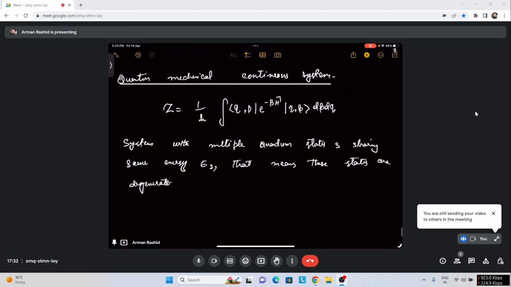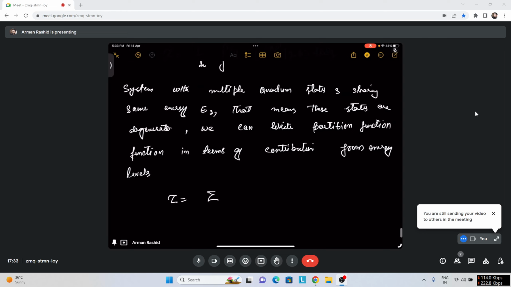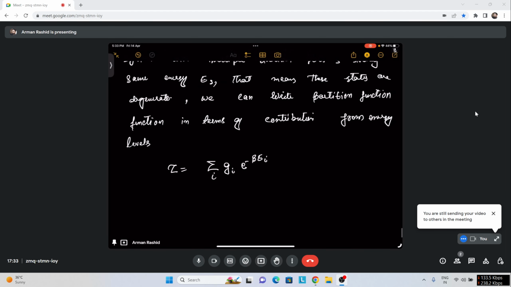So when we have degenerate levels, we can write the partition function as Z equal to summation over i gi e raised to power minus beta Ei, where gi is the degeneracy factor, or the number of quantum states with the same energy Ei.